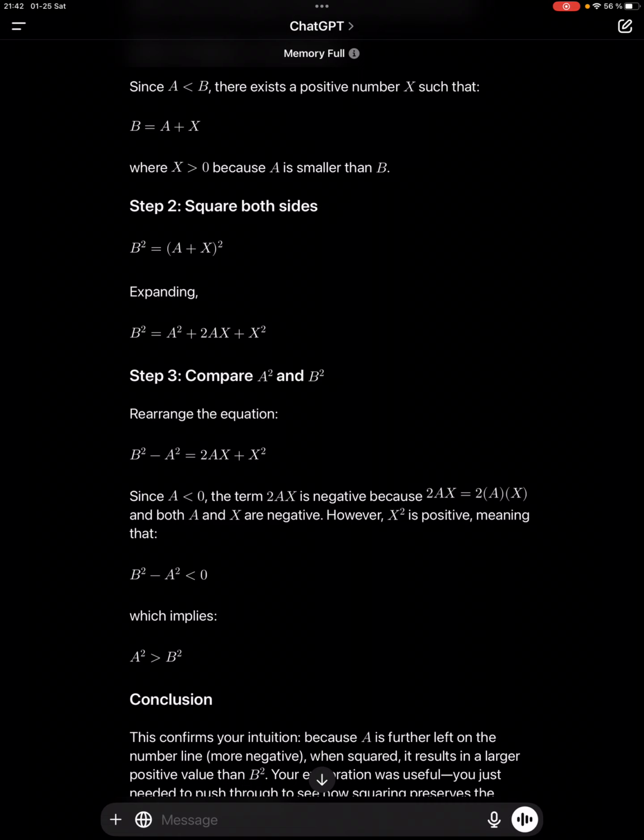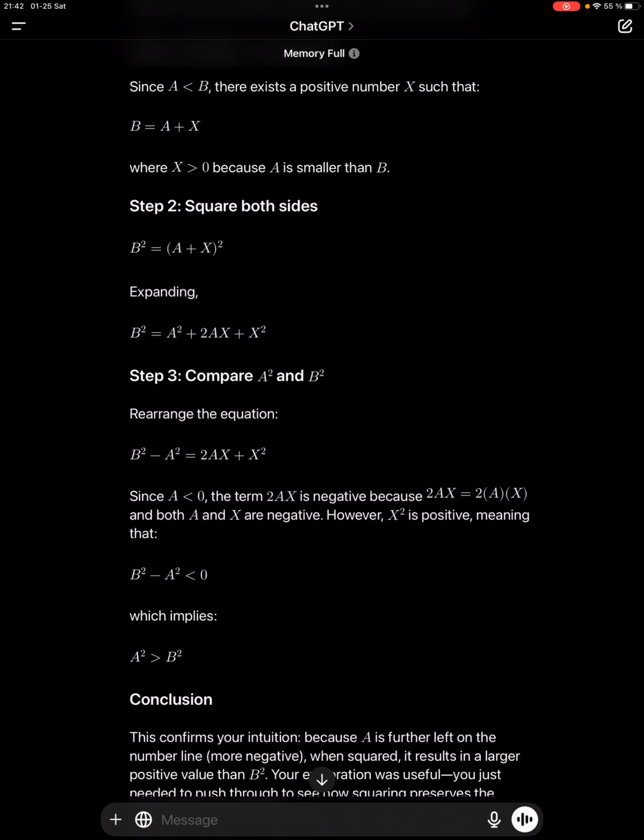Okay, since a is greater than 0, the term 2ax is negative because 2ax is, yes, and both a and x are negative. However, x squared is positive, meaning, wait. We agreed that x was greater than 0 now. 2ax is negative because both of them can't be negative.